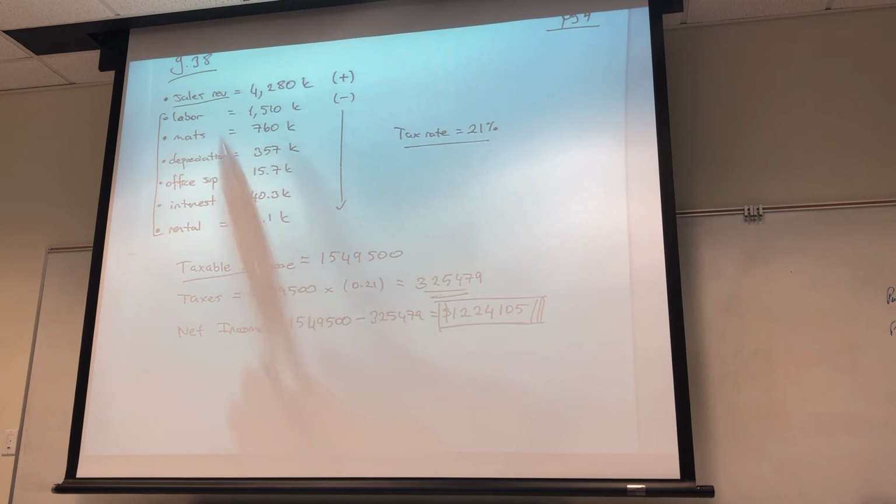There's also two parts from 9.38 that I skipped. It's not that relevant. This is the more important part. The other part is with salvage value, gain and loss. You all know how to do that. We have a net gain or net loss, and then we just put the tax rate on that to get all the taxes and stuff.